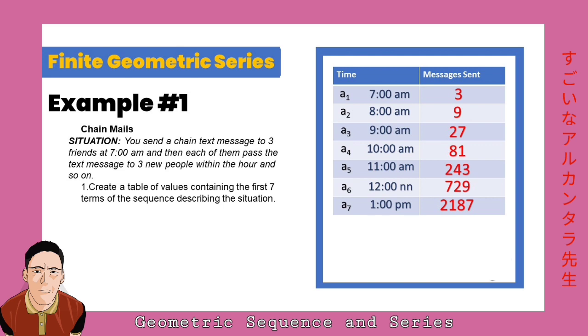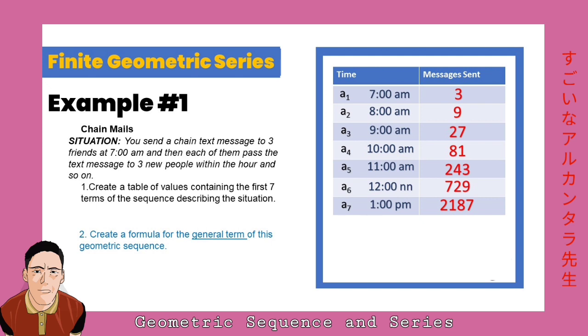In order for you to complete a table of values in dealing with geometric series, all you have to do is to take note of the common ratio, and from that example, you will continue in multiplying. So in this case, if you're being asked to get the general term of a given geometric sequence, what you have to do is simply take note of the first term and the common ratio.